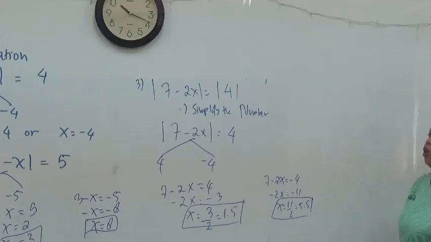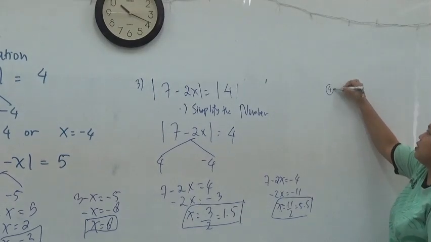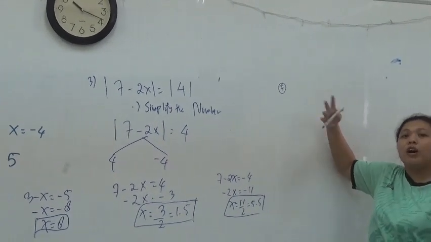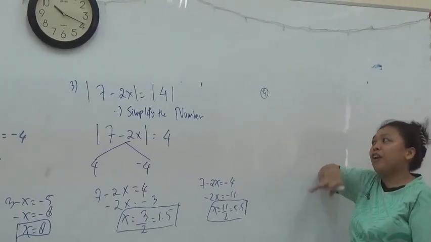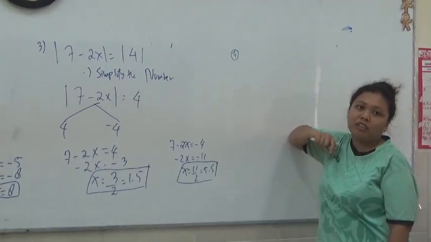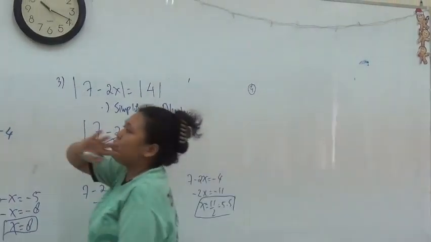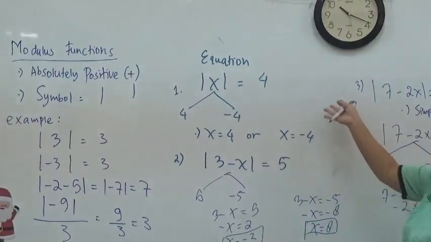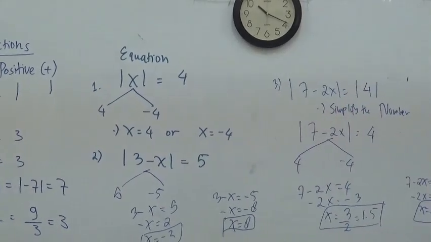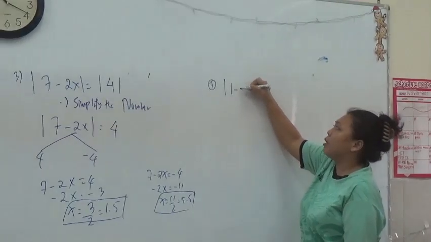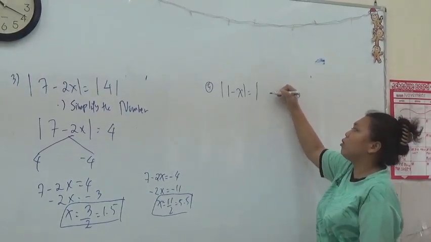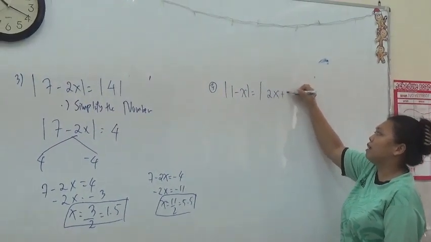Okay, so we move to the next example, number 4. Now we can improvise the question. What if we have variable x at both sides? Here you have variable x, but at the other side you have a constant number. So what if we improvise the question by having 1 minus x equals the modulus of 2x plus 3.